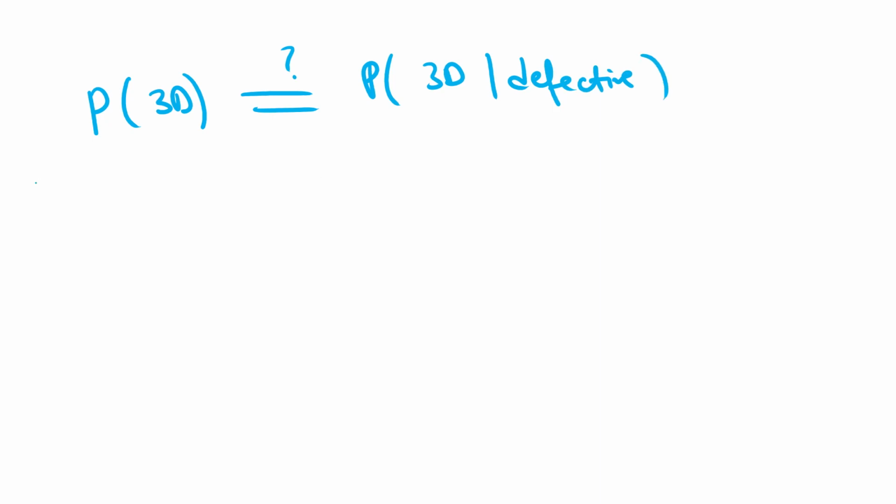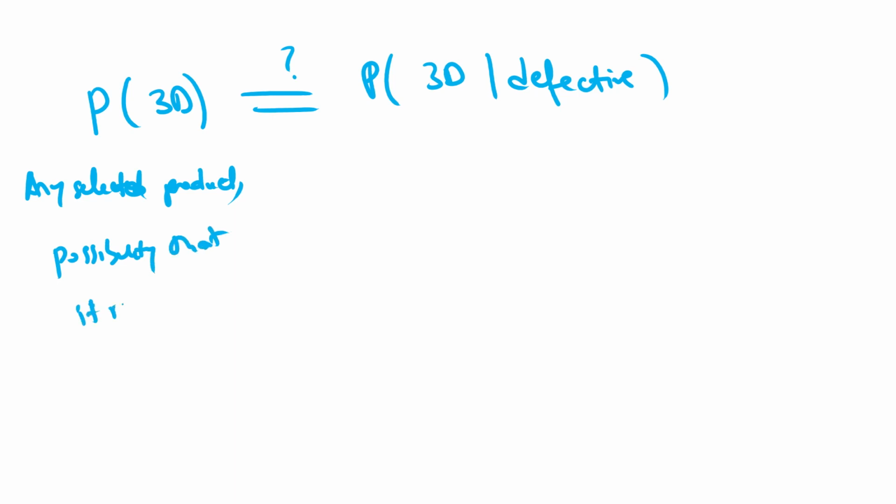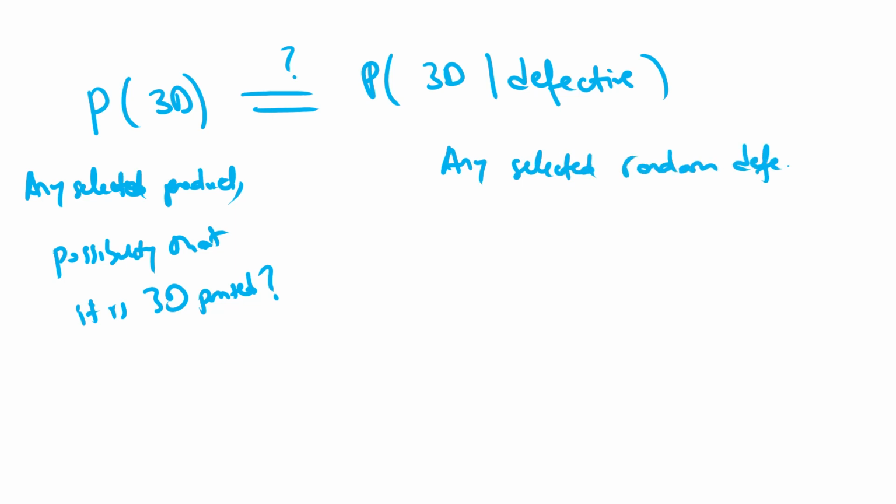So what it means is: for any selected product, the possibility that it is 3D printed, is it the same as for any selected random defective product, the possibility that it is 3D printed?